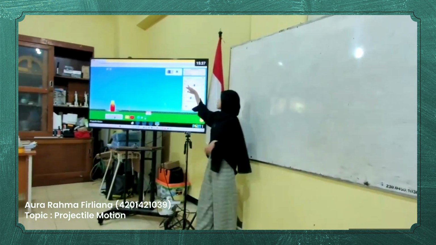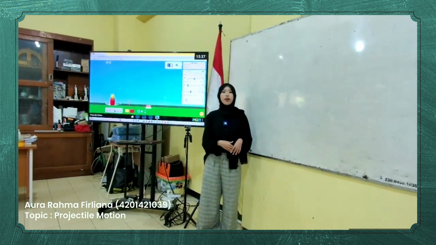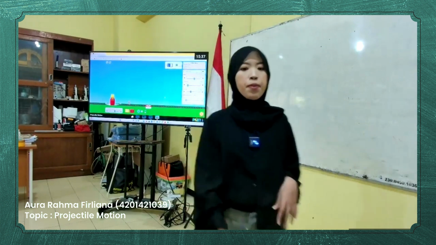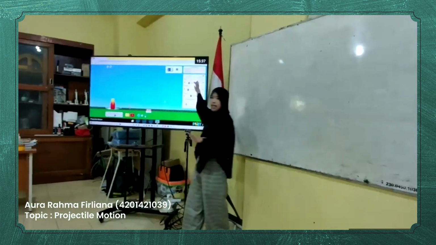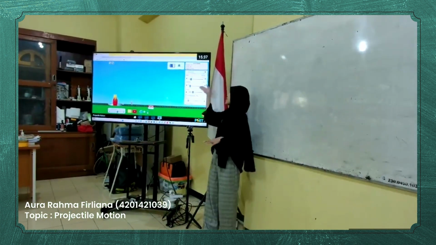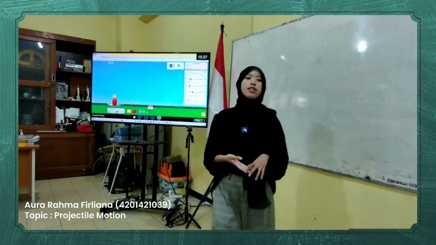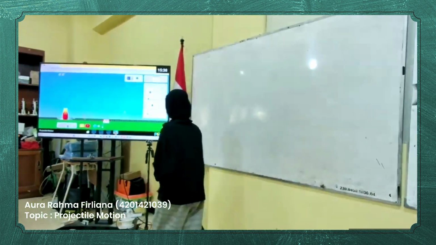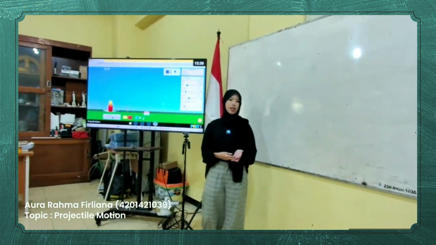Okay, the next is mass. You can adjust the mass of the object from 1 kilogram until 31 kilograms, as you need. Next, you can adjust the diameter of the object from 0.1 meter until 1 meter. Then the next is gravity acceleration.